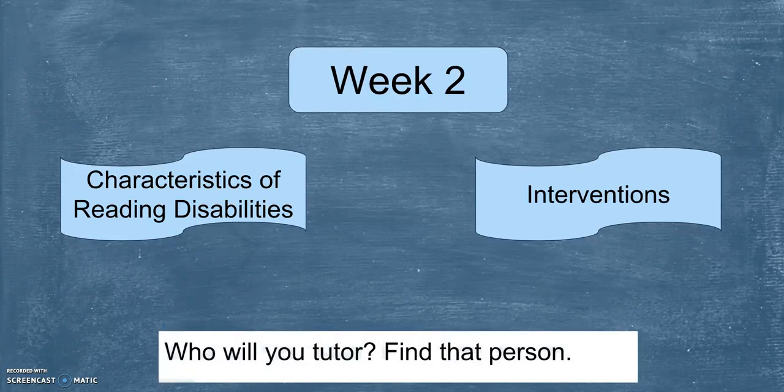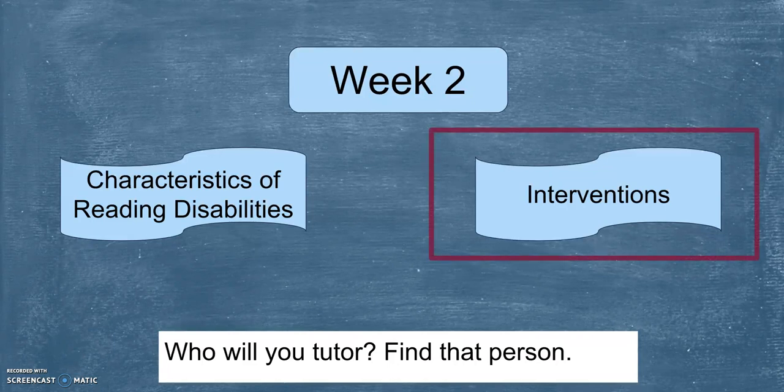So when you're thinking about who you will tutor, you're going to start determining what their reading disability is very early on, or what their struggles are in reading. And you're also going to want to come back to this module when you're thinking of interventions, because in here you find a variety of interventions that are really good to use in your tutoring project.